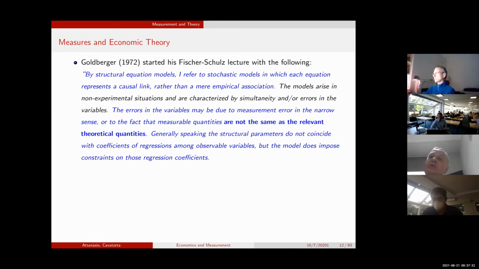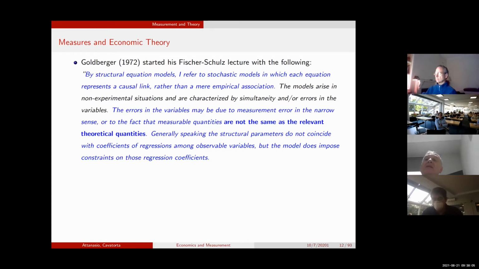In addition to these issues, they also contain some really interesting history about the evolution of these concepts and anecdotes on the life of Sewall Wright in the 30s. And in this quote, Goldberger says, by structural equation models, he refers to stochastic models in which each equation represents a causal link rather than a mere empirical association.